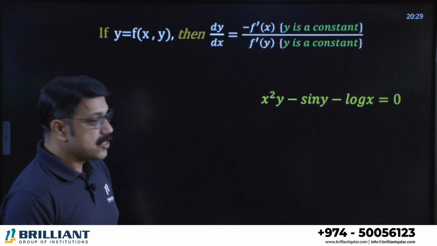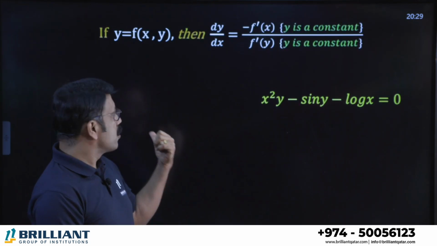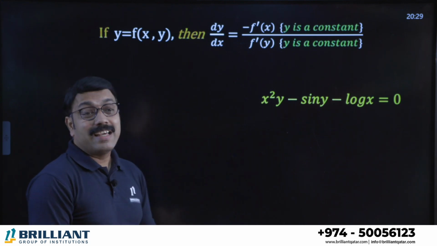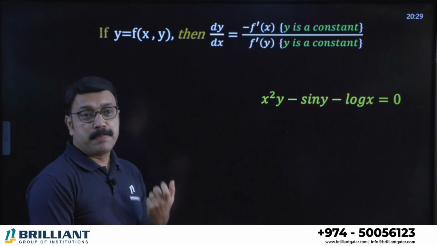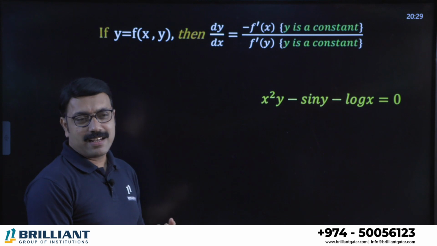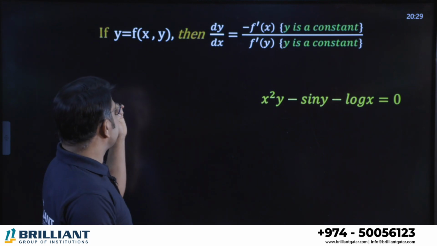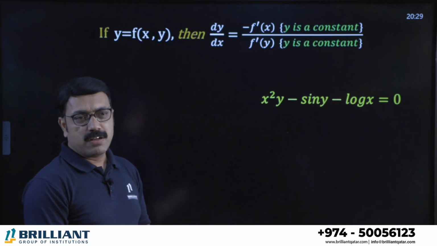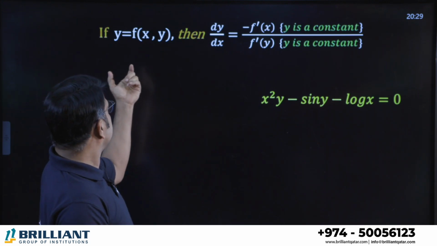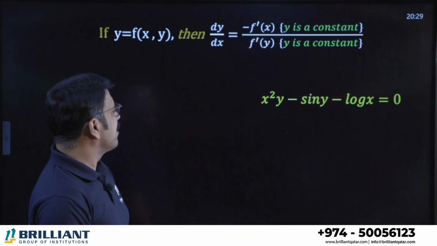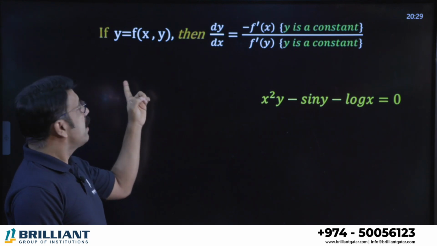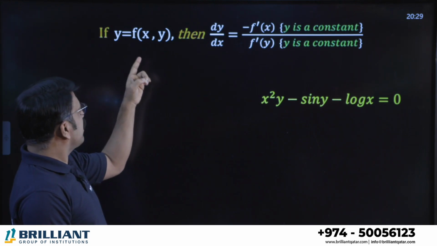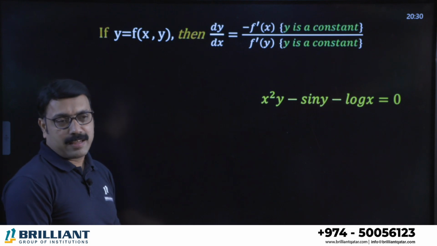Yes, it's very important because this function is called an implicit function. Implicit function differentiation. Otherwise long steps will come. In this method, it is very simple. What are the important points you want to listen to in this shortcut formula? Please listen. Y is equal to f of x and y at a time.